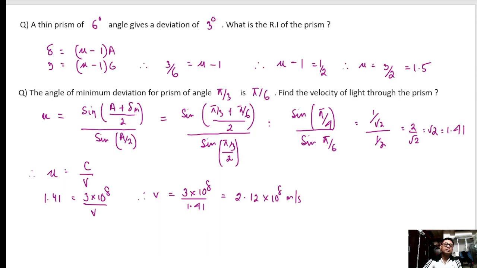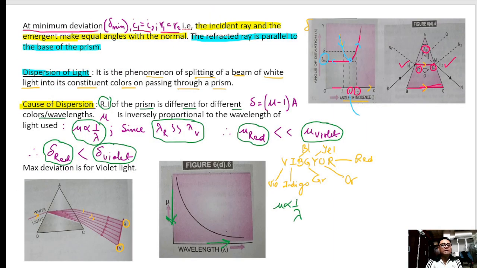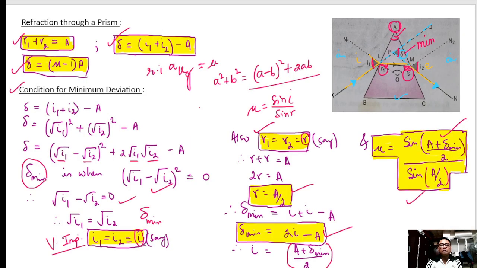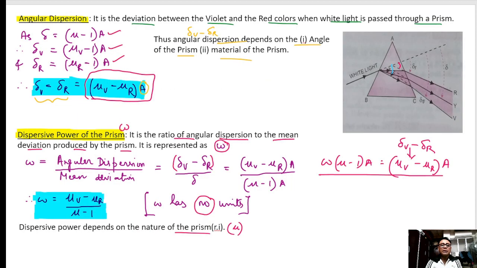Now let us see certain numericals, for which we have already seen many formulas. Let me show you. These are the formulas which we have done: r1 plus r2 equals A, the angle of minimum deviation, the refractive index. Then the angular dispersion is (mu v minus mu r) into A. Then the dispersive power, which is the angular dispersion divided by the mean deviation.